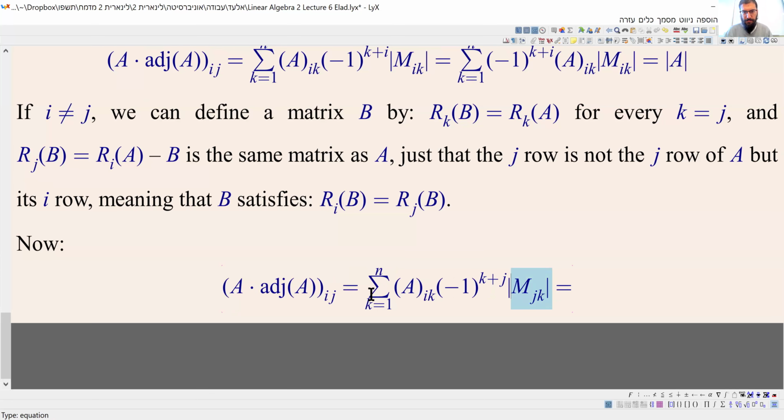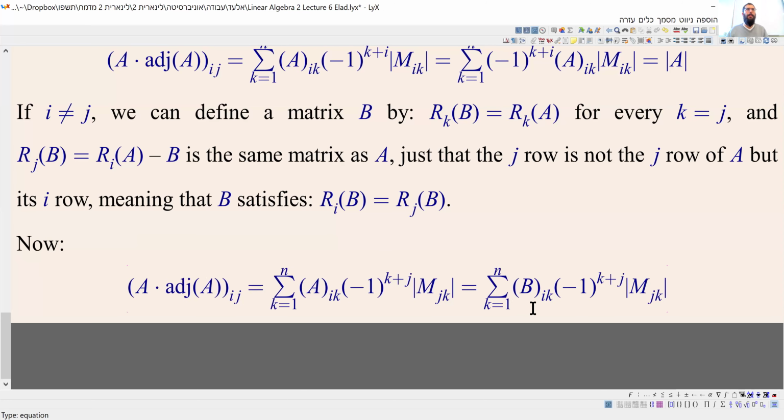So we have B instead of A. Moreover, when it comes to B, when you delete the j row, which is the only row that is different from A, we get the same exact minor as in A. I mean, the only difference between B and A is the j row.